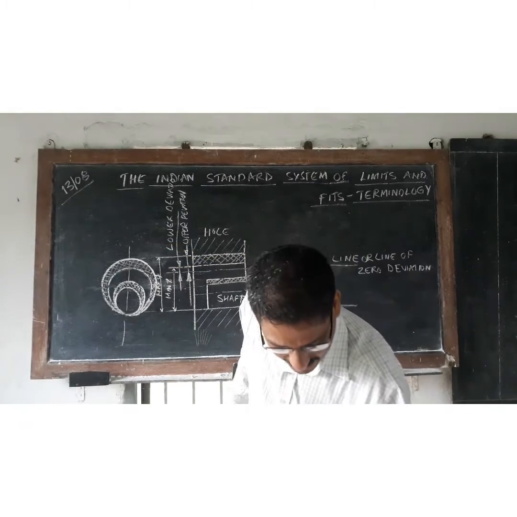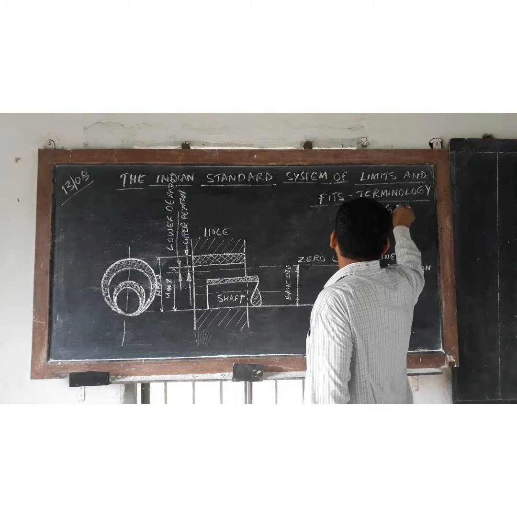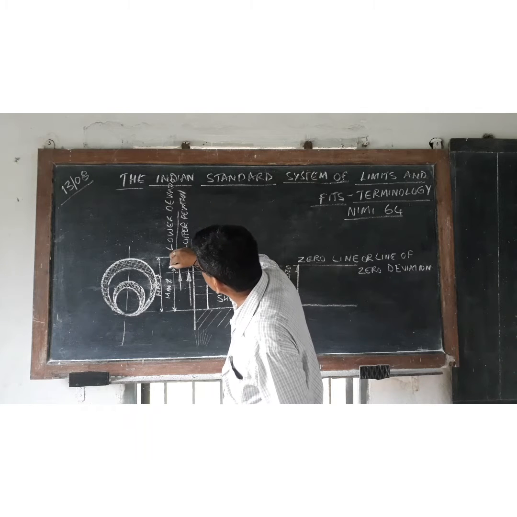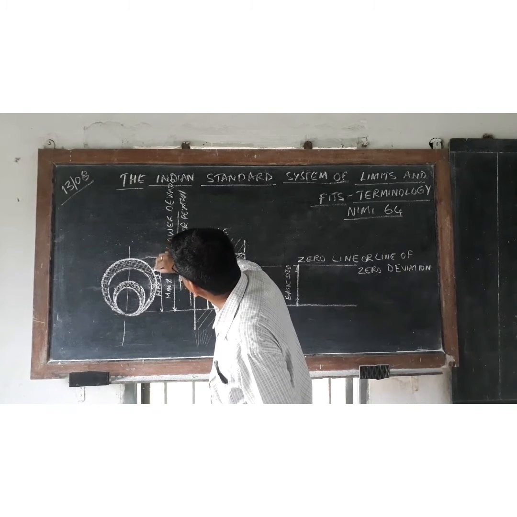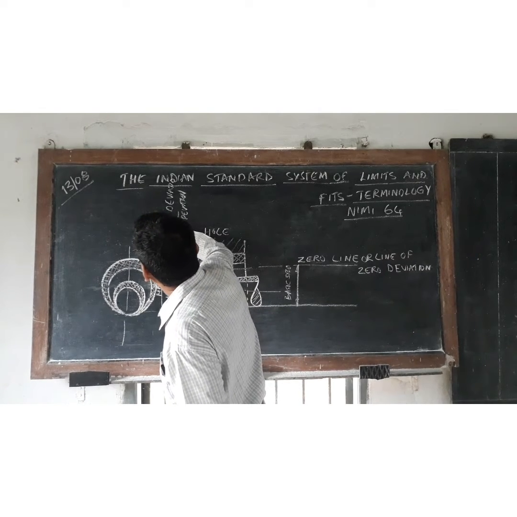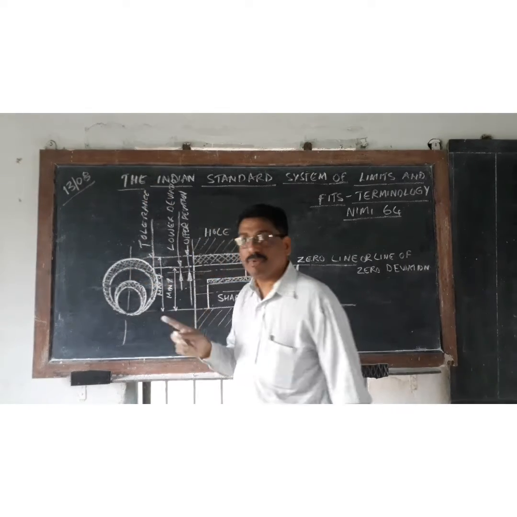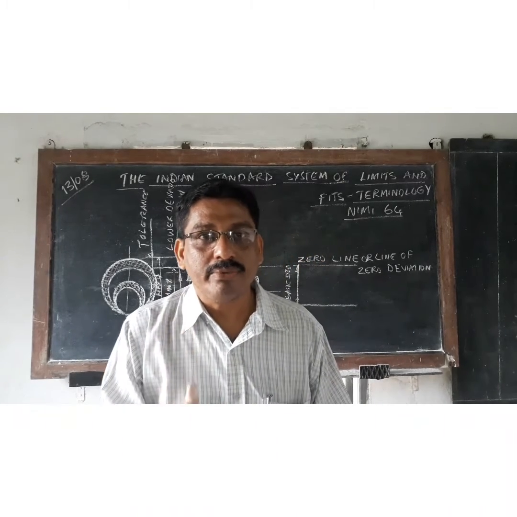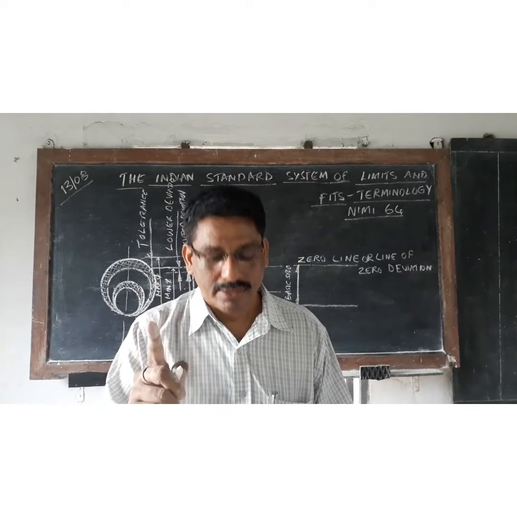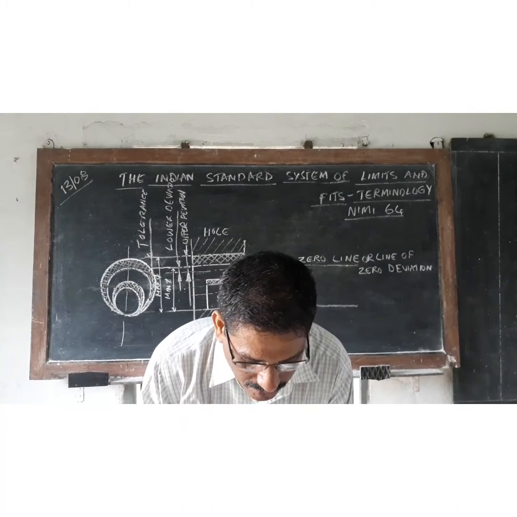Anyhow, your textbook is there; you can see it in the textbook. This is called the tolerance. The difference between upper deviation and lower deviation is always called the tolerance. One small example, if you want to show.